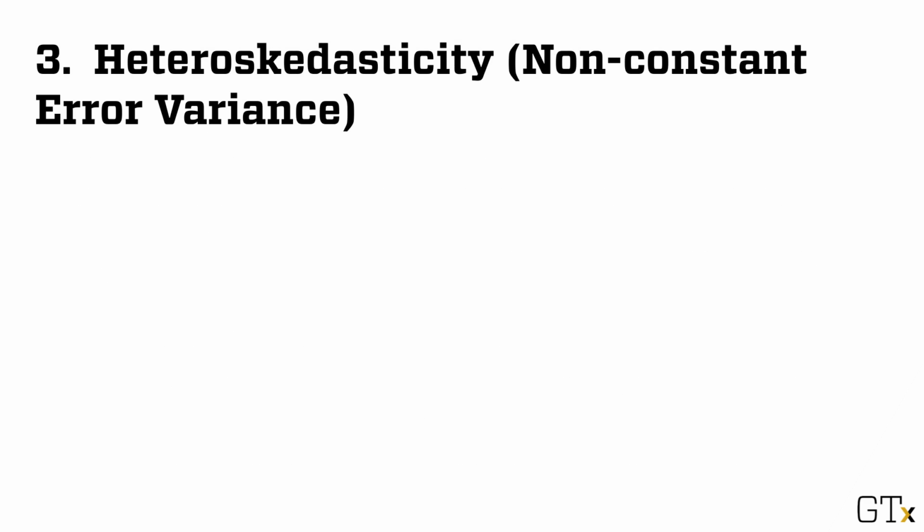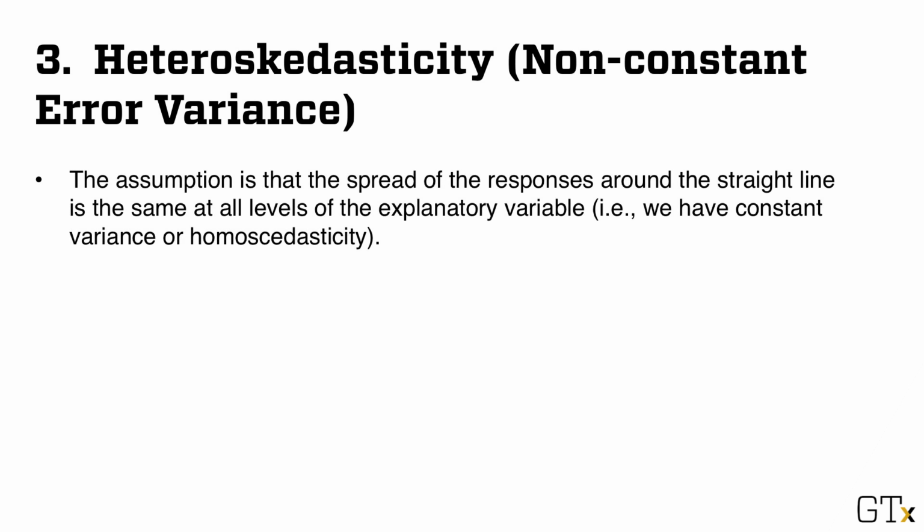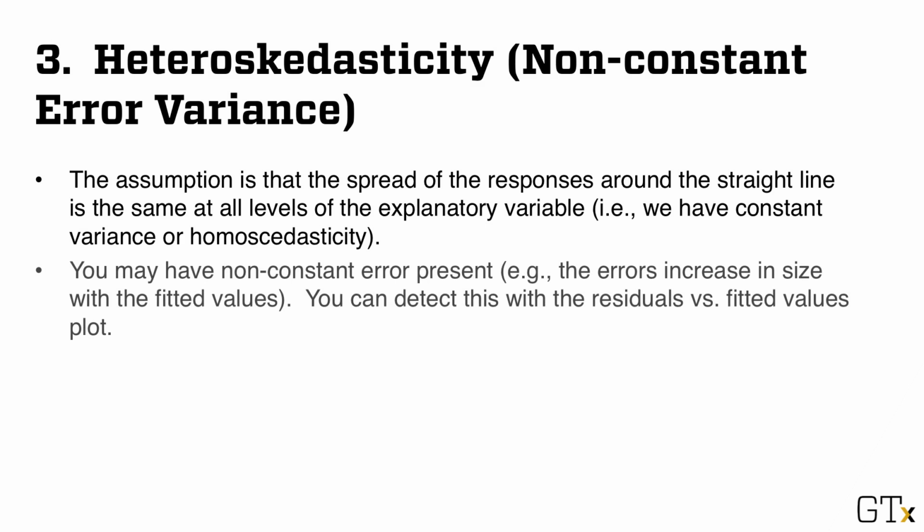The third type of problem that we could have in fitting linear models is heteroscedasticity or non-constant error variance. So this assumption is that the spread of the response around the straight line is the same at all levels of the explanatory variables. You may have non-constant error present, and you can detect this with the residuals versus fitted values plot.